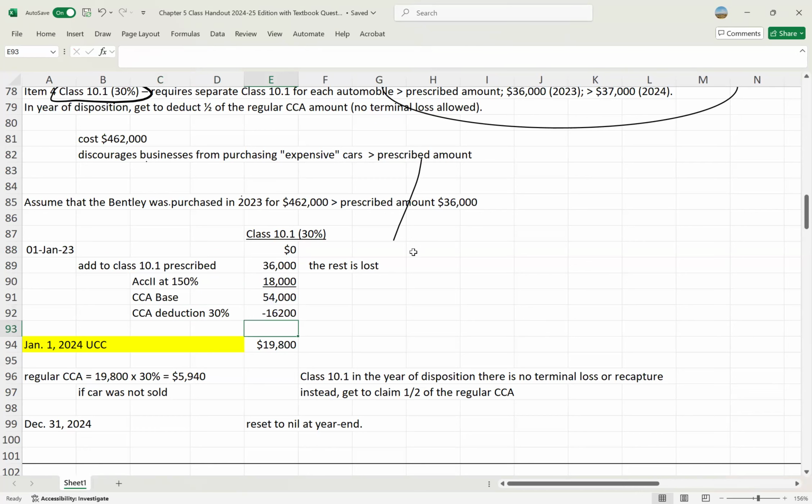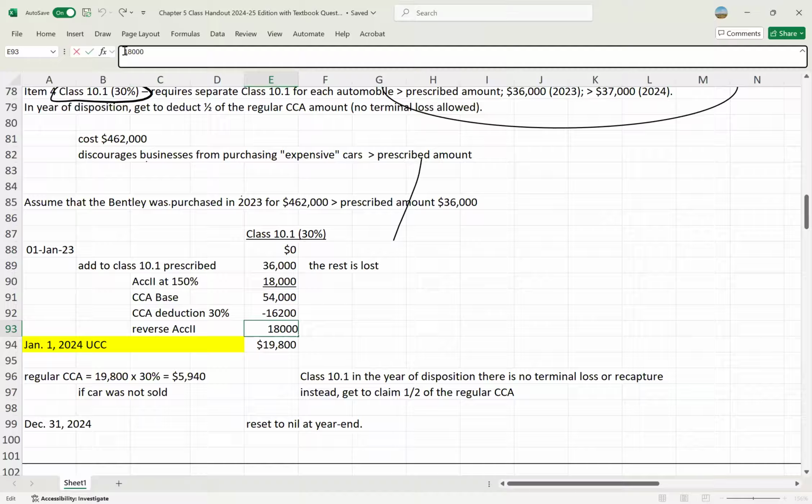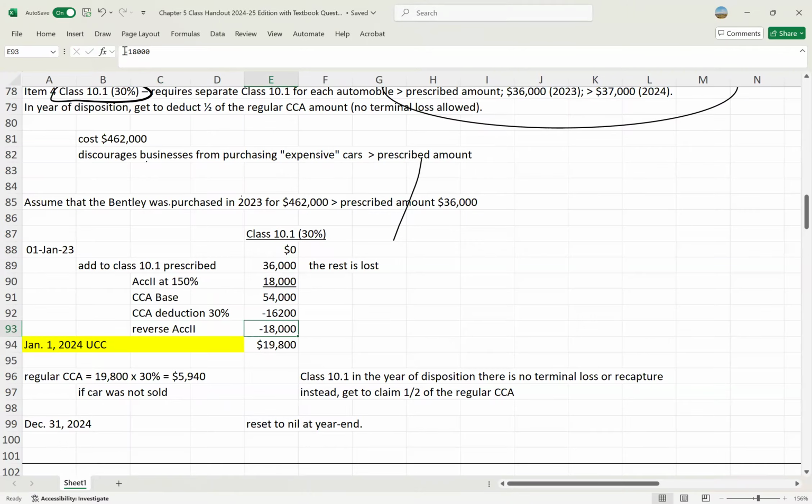So that's going to be 16,200. And then we've got to reverse that accelerated investment incentive that we made above of the 18,000. And that's how we would get to the beginning balance for 2024 of 19,800. So we have our CCA base of 54,000.